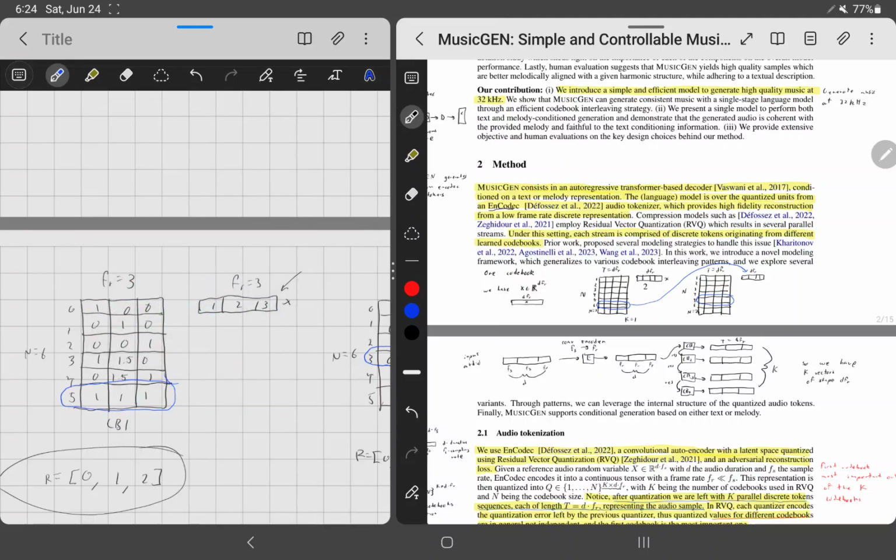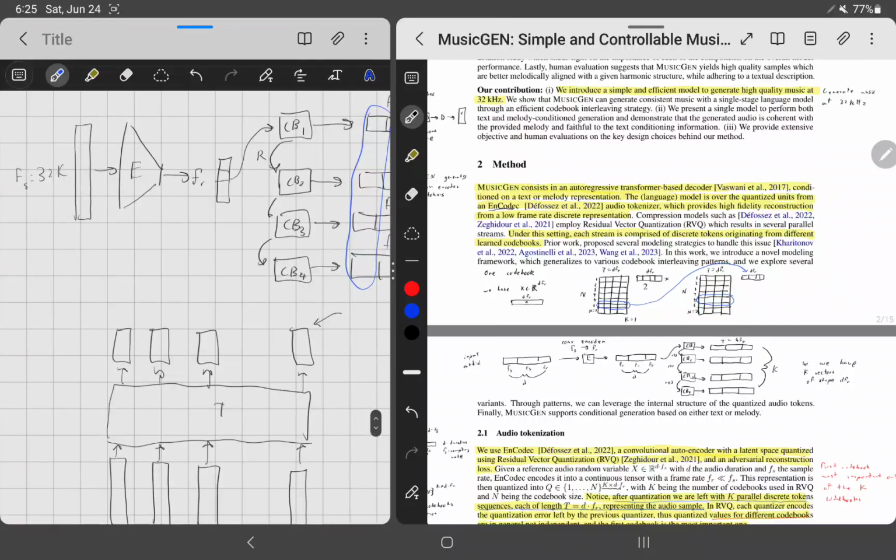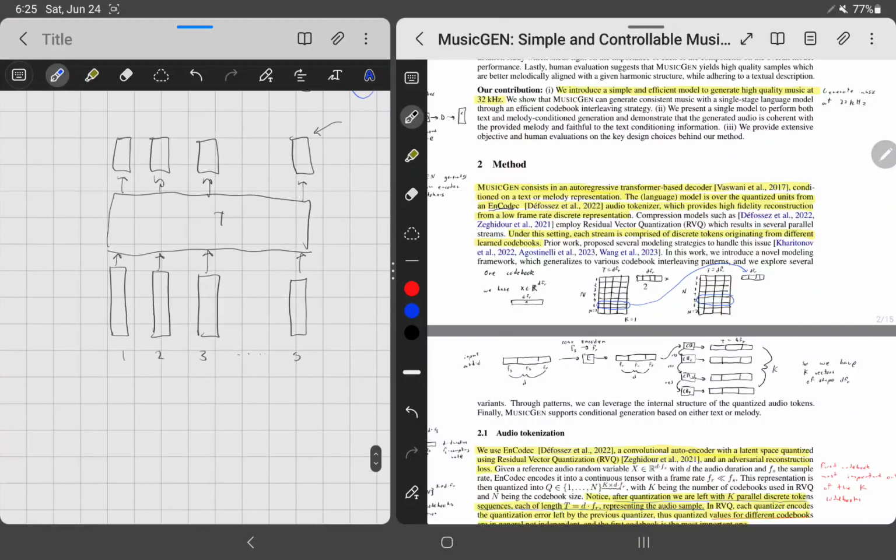So you basically are generating this would be your first token, and this would be your second token, and then this would be your third token, and so on. And you want to do this autoregressively. They do this so that you can generate a 32,000 hertz audio clip. But since this is in the latent space, you don't have to do 32,000 tokens.